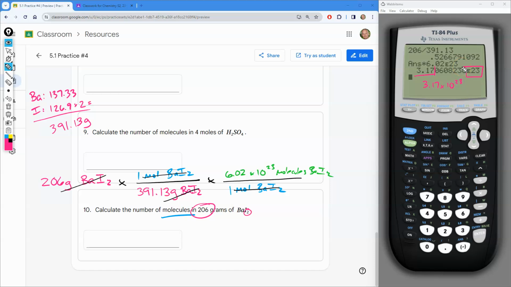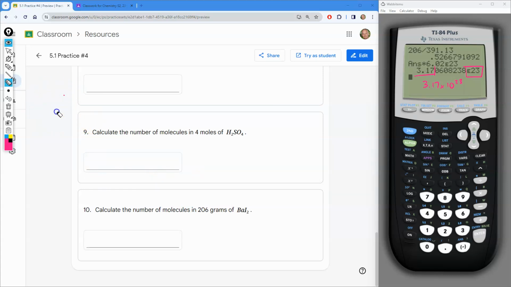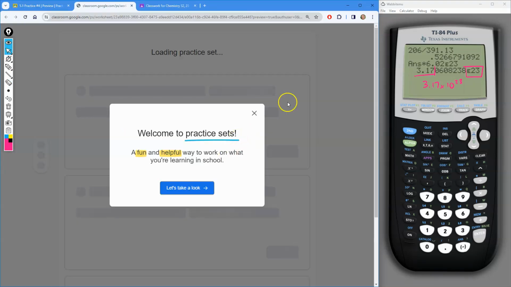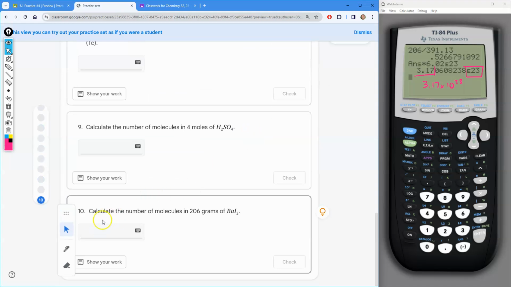Okay. Now, while that is up on the screen, I just want to remind everybody how to type these in. I should have maybe done this earlier, but let me show you how to type this in on the practice set here. Okay, so I'm going to leave that up on the screen. Let me just erase this. Okay, so if I go to the last problem here, there's 2 ways you can do this.